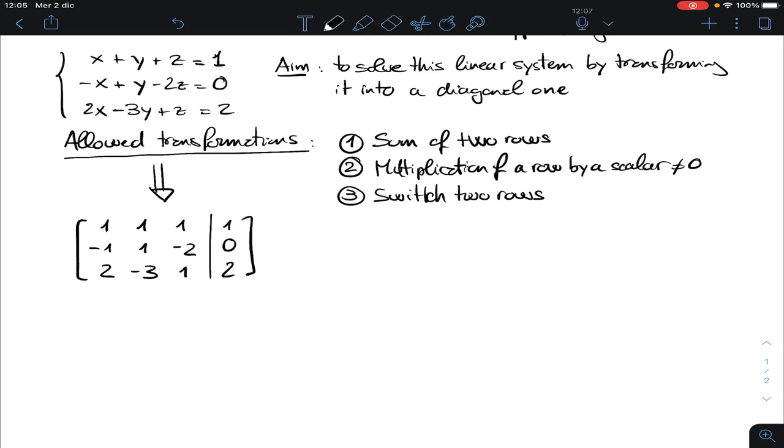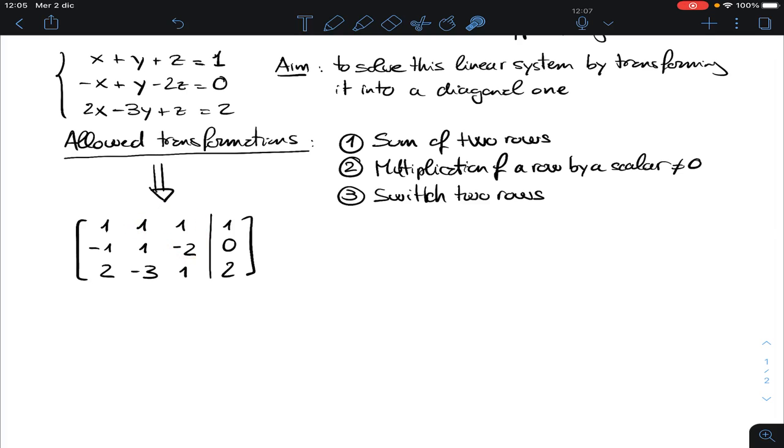The idea is that we want to transform the left-hand side of the matrix into a diagonal one. The problem is that we have this part here, which is not 0, and this part here, which is not 0.